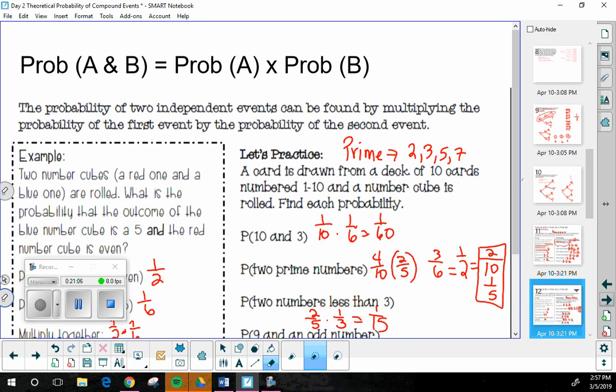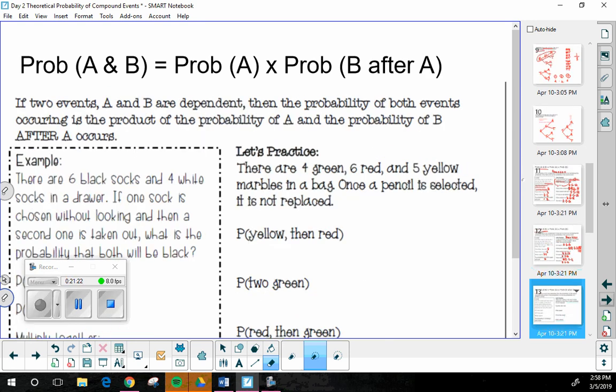So write this down at the top anywhere that you have room for it. This time, the probability of getting an A and a B, the probability of both events happening, is still, whoa, I'm on the wrong page. Boom, there we go.